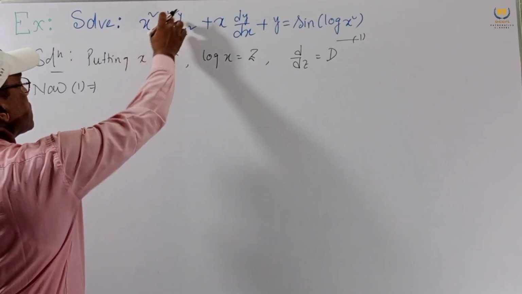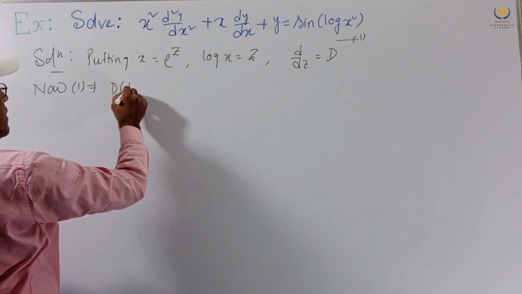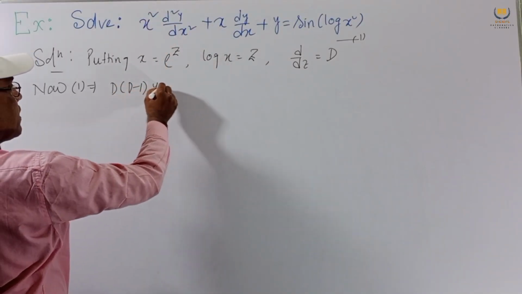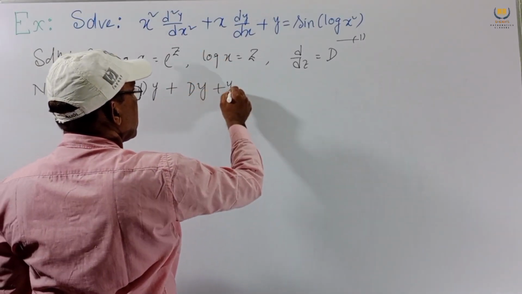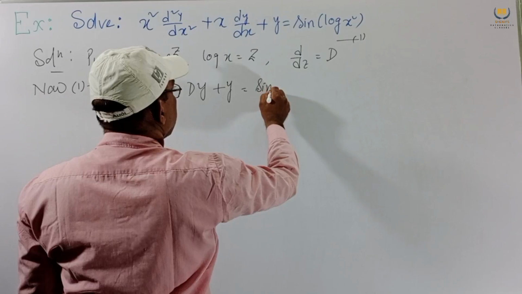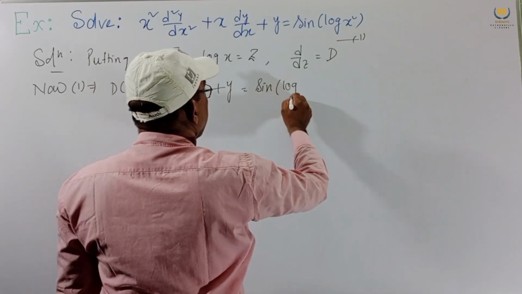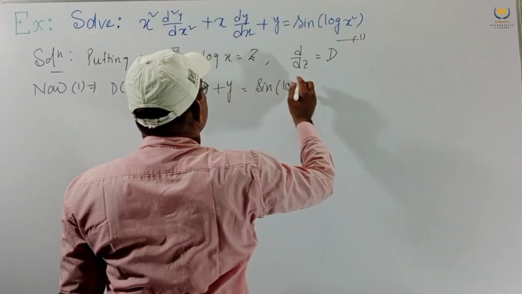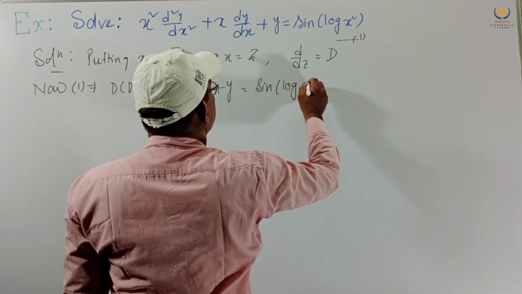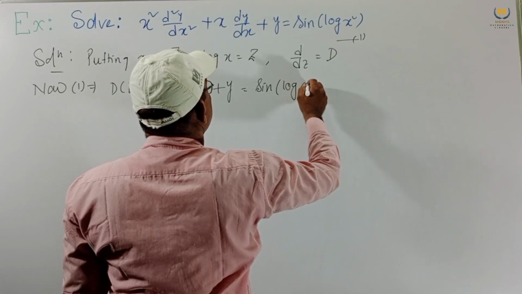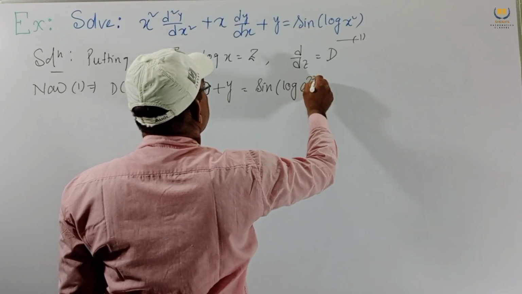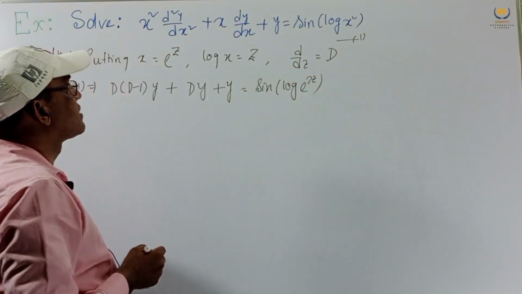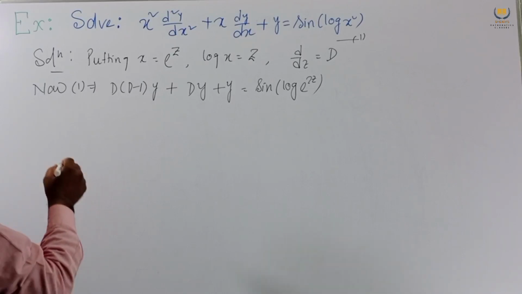Now x square d square y by dx square means D(D minus 1) y. This is Dy plus y equals sine log of x square. x means e to the power z, so x square is e to the power 2z, and log of x square is 2z.